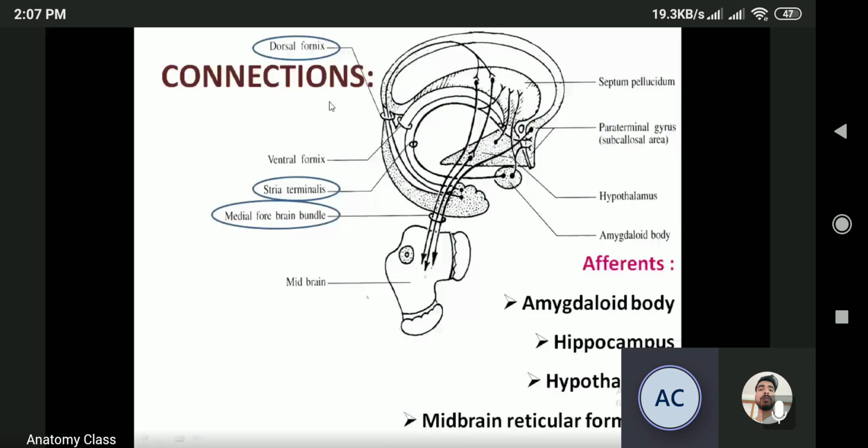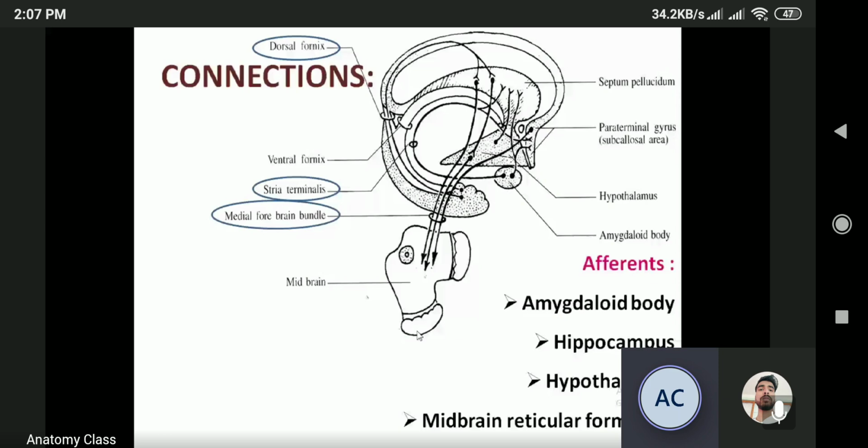Here this is the septal area, between the septum pellucidum and the parahippocampal gyrus, the subcallosal area and the septum pellucidum. Within this septal area, afferents are received from the amygdaloid body through the stria terminalis and the ventral amygdalofugal fibers.